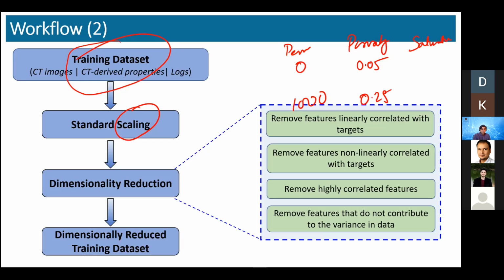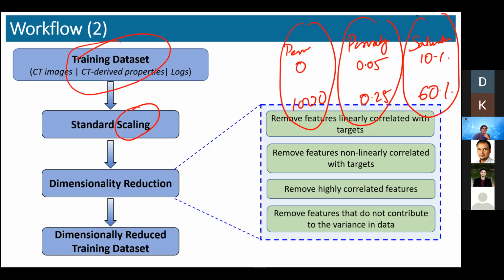Saturation goes from 10% to 60%. What I mean by scaling is I'll transform permeability, porosity, and saturation such that each of them falls within approximately the same range. So for example, permeability will now fall between -2 to 2, porosity will fall between -3 to 4, and saturation, because of this scaling, will fall between -5 to 10.